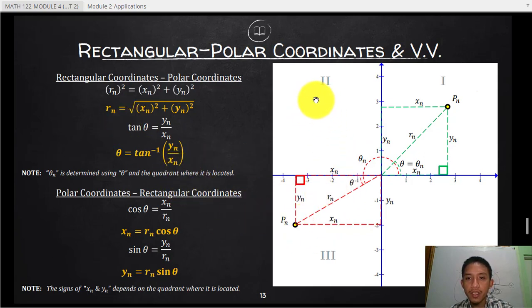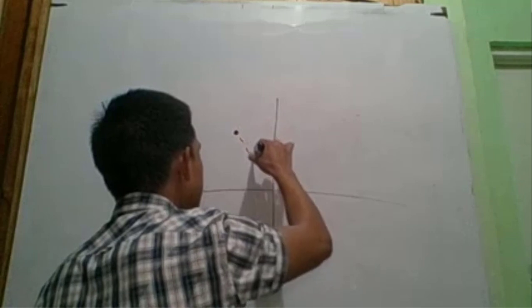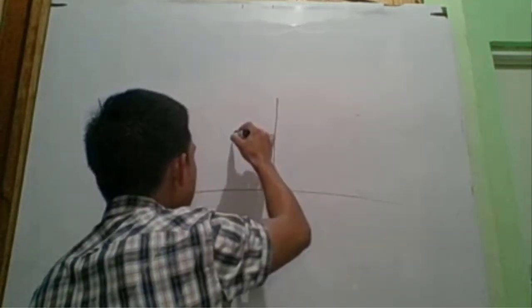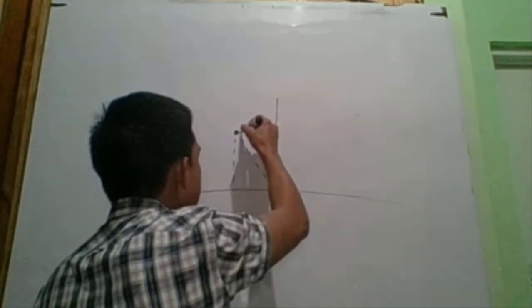How about if you have your point somewhere there? Okay, I will explain that also on the board again. Let's say you have a point in your quadrant 2. In the first place, let's say what you are given is your y sub n and your x sub n.